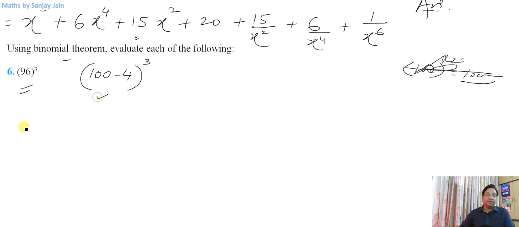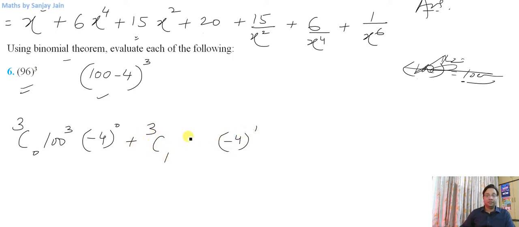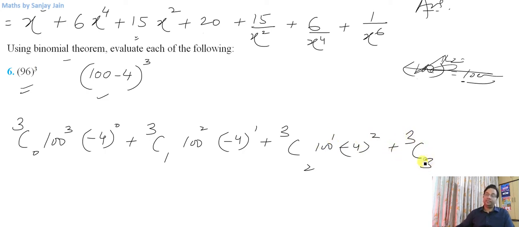Now I'll expand it. I'll start with 3c0 minus 4 raised to power 0, 100 raised to power 3, 3c1 minus 4 raised to power 1, 100 raised to power 2, 3c2 minus 4 raised to power 2, 100 raised to power 1, 3c3, that will be the last term here, minus 4 raised to power 3 and 100 raised to power 0.